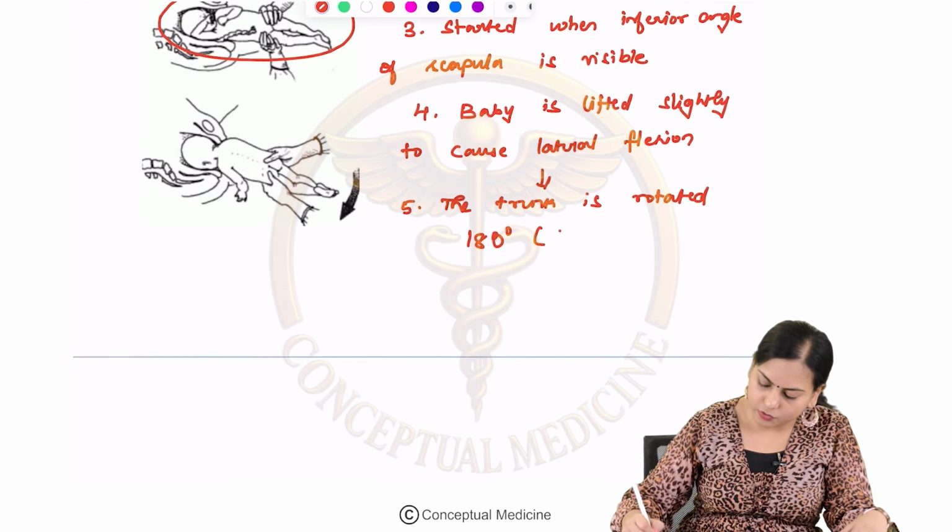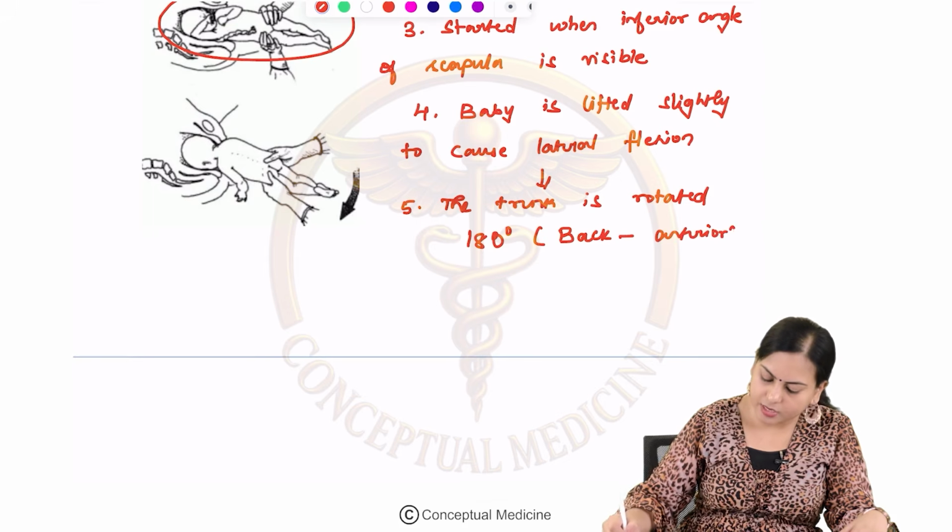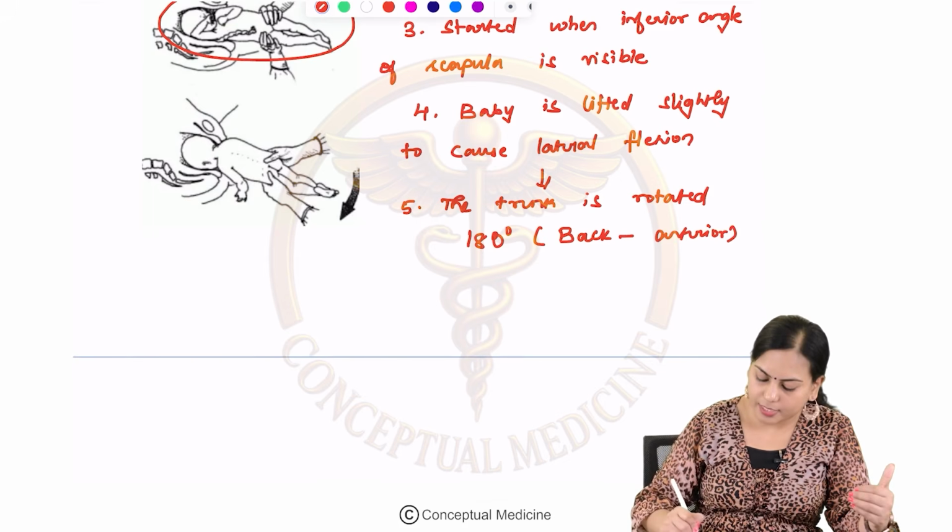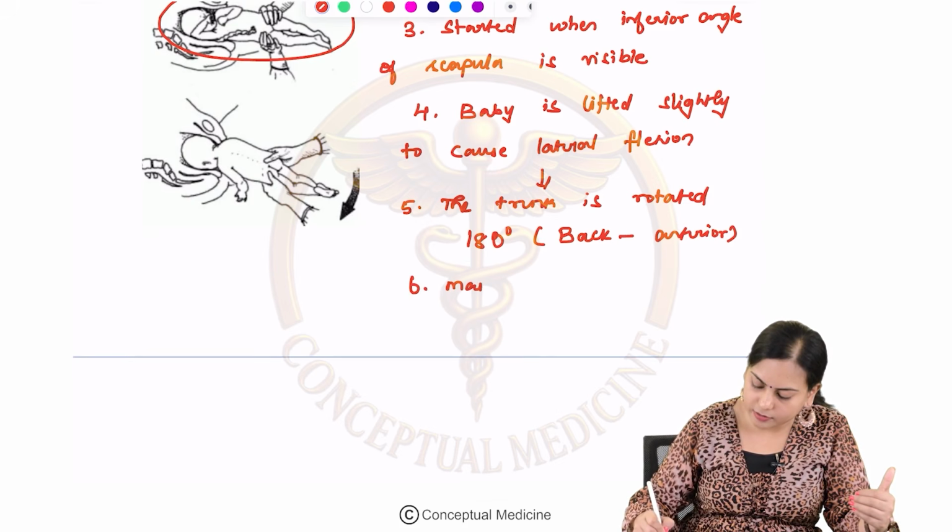So, the back is brought anteriorly, and throughout you have to maintain a downward traction.